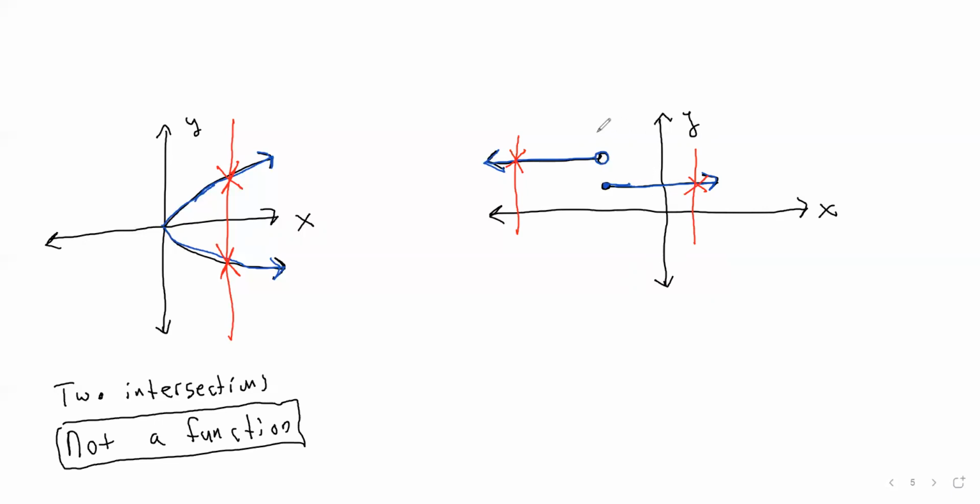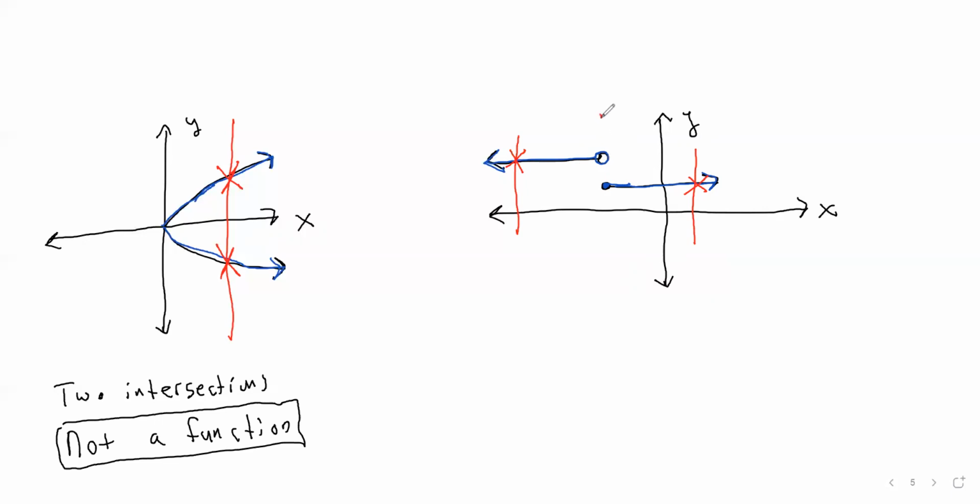But here is where there can be some confusion. So let's remember that the shaded circle in the bottom means that this is included in the function. The circle with no shading means that this point is not included in the function.